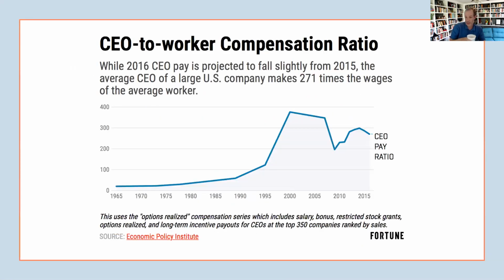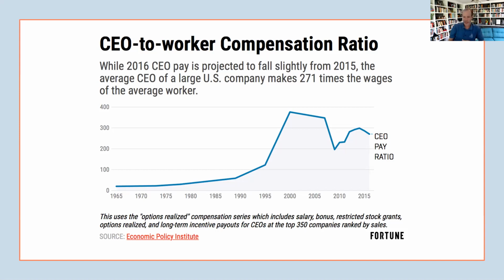Okay, so I mentioned, why do we see this income inequality and wealth inequality? It's because executives, people on Wall Street, CEOs are making more money than they used to. A way to think about this is how much money a CEO makes relative to the wages of the average worker.